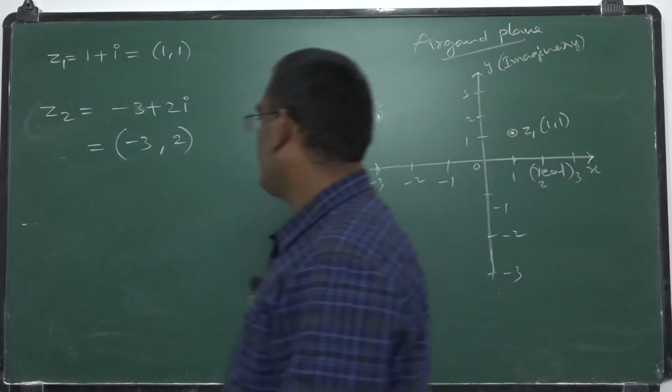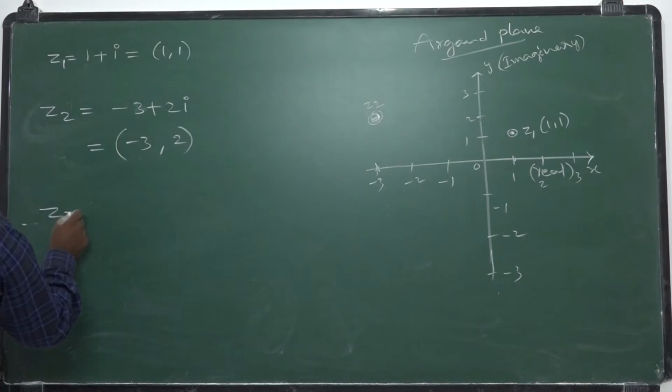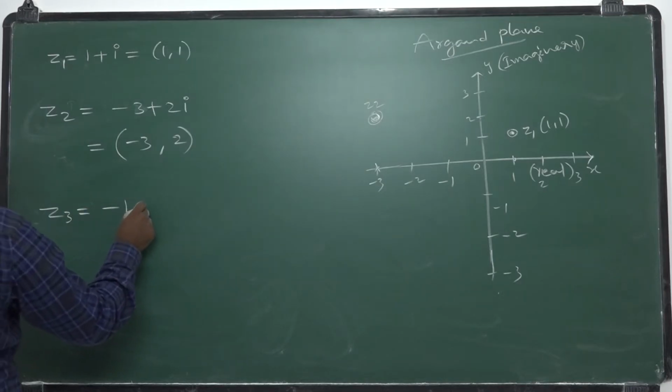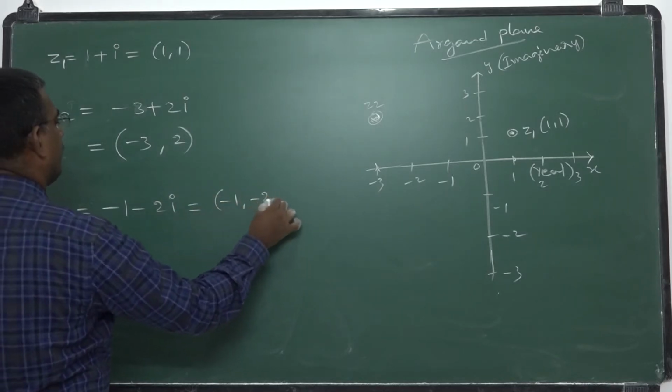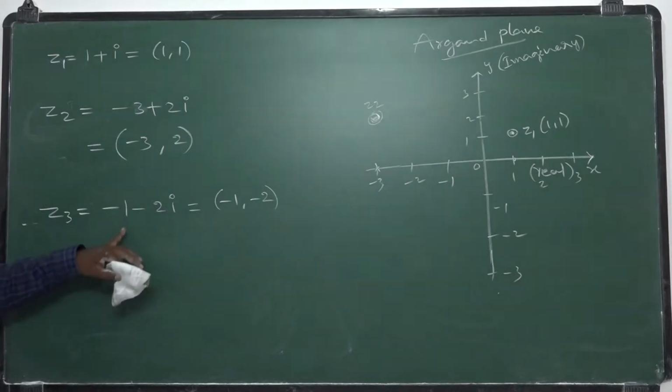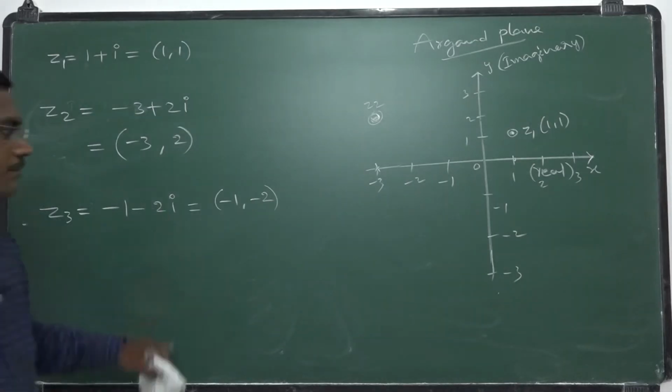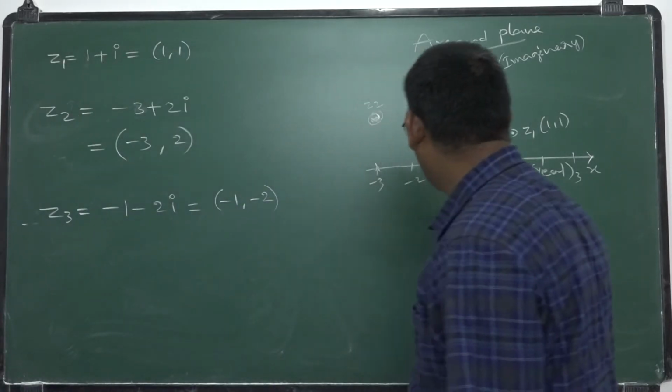Suppose I am going to take another complex number, z3 is equal to -1 minus 2i. So this will be equal to -1 comma -2. The x coordinate is -1, the y coordinate is -2. So just plot the point here.